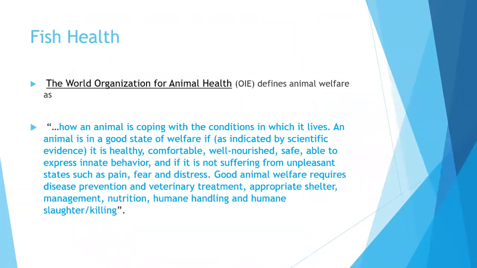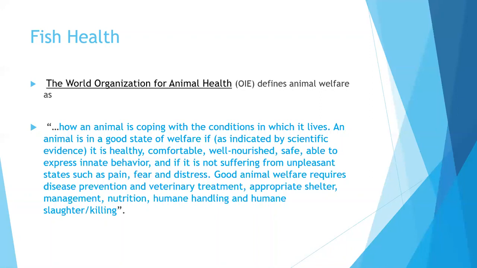Just really wanted to finish by touching a little bit on fish health. And again, this is an important element of fishery management and management planning: the health and welfare of our animals. And animal welfare, you can read that for yourself, but we're looking here at healthy, comfortable, well-nourished, safe, able to express innate behaviour, and not suffering from unpleasant states such as pain, fear and distress.